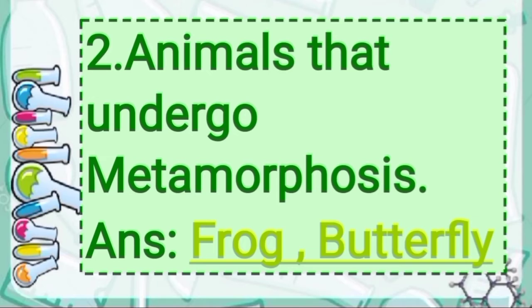Answer is frog, butterfly. So frog and butterfly are examples of animals that undergo metamorphosis. They undergo several changes before they become an adult.